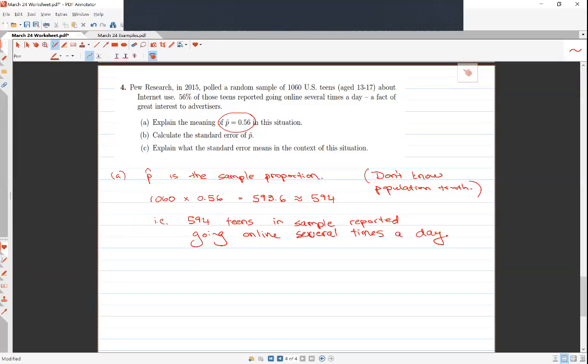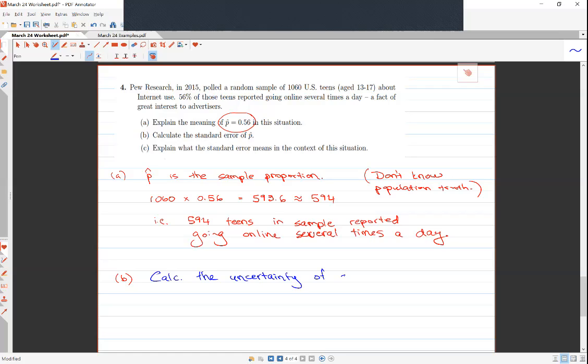So that's part A. Part B says, calculate the standard error of p hat. Now, standard error, if you watch the video, that's just a different way of saying we want to calculate the uncertainty of the sample proportion that we have.